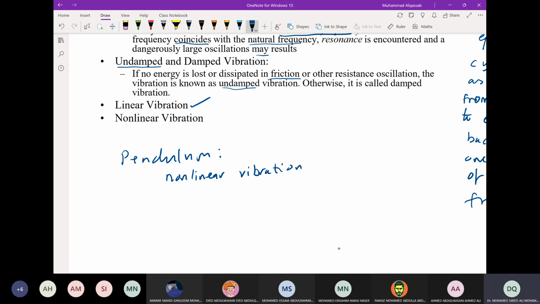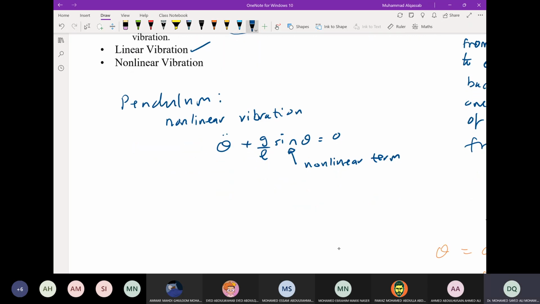Because the differential equation, I'm just going to give you the result, is theta double dot plus g over L sine theta equals 0 for free vibration. This equation is nonlinear because of the nonlinear term. Okay, this can be linearized as theta double dot plus g over L theta equals 0.